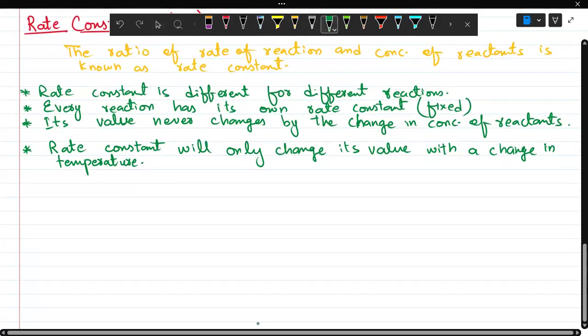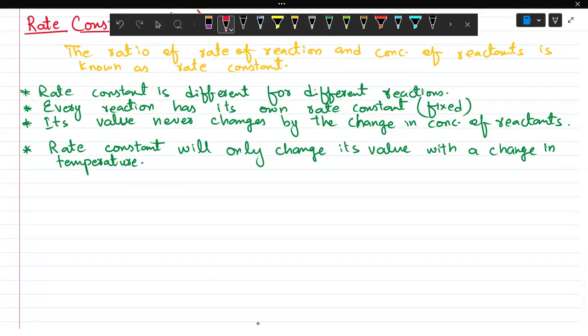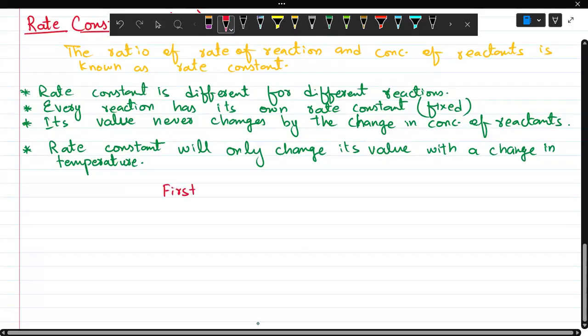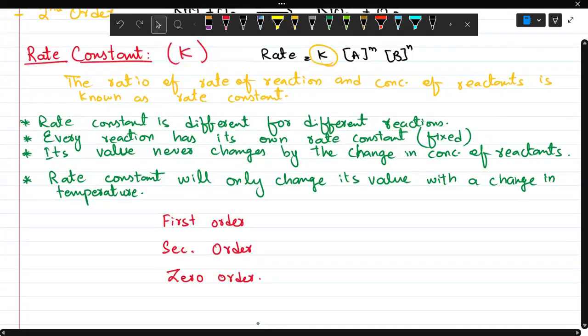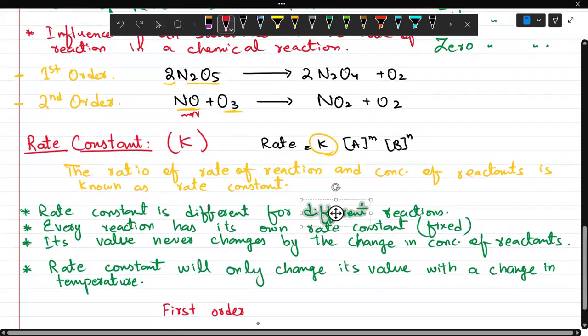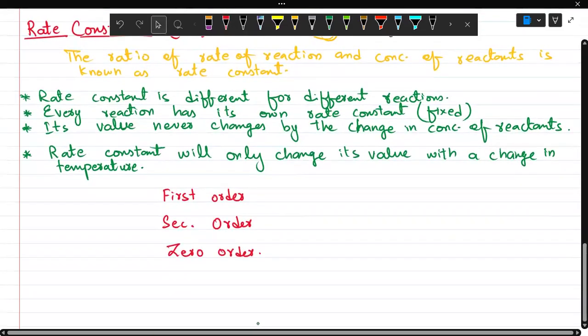Specifically, if I'm just discussing a single substance, at first we need to find the order of reaction for one substance, then we'll find for another substance, then we combine the orders of reaction.